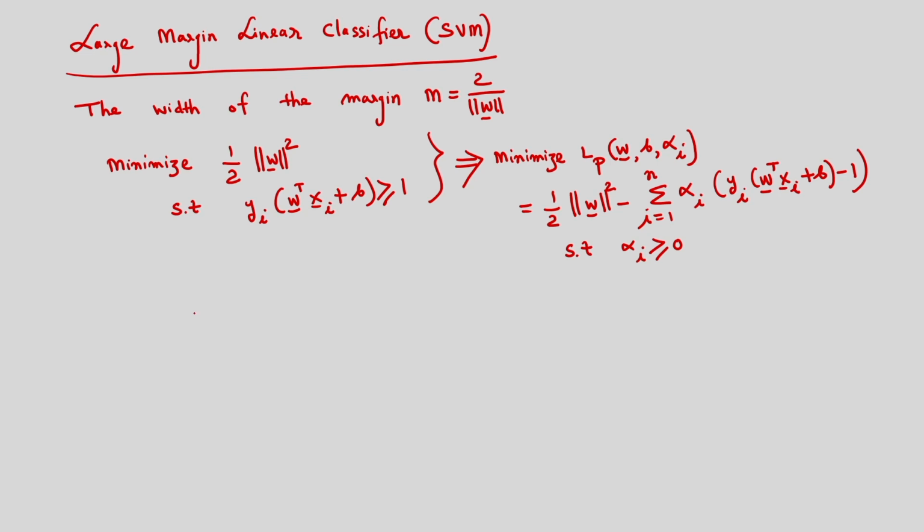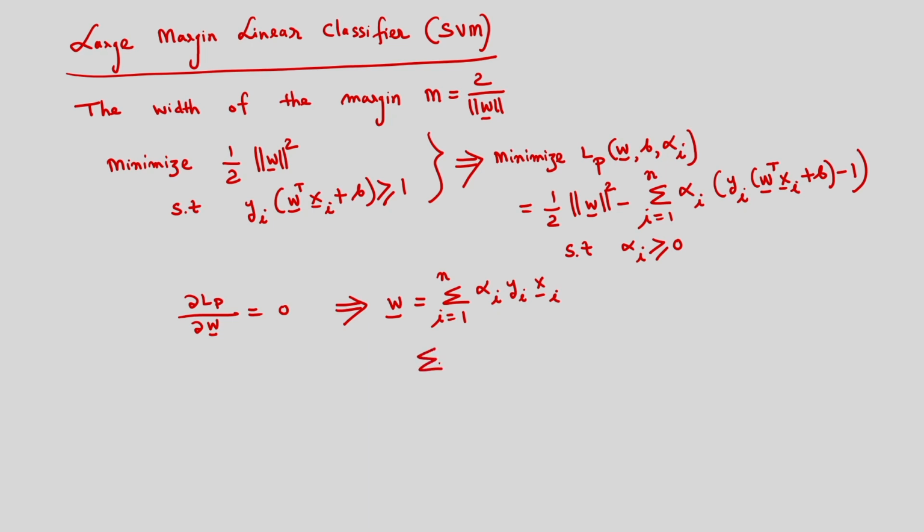After this, for the solution, we differentiate LP, the Lagrange's function, with respect to the weight vector and equate it to 0. Corresponding to this I obtain the weight vector like this: the weight vector is summation from i is equal to 1 to n of alpha i yi xi.